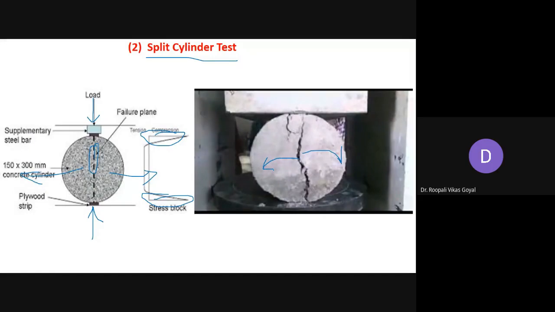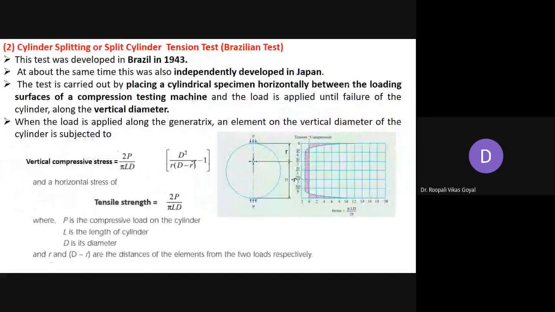Generally the normal cylinder that we use, 15 centimeter diameter by 30 centimeter height, the same cylinder we have to use for this tension test also. It is not a different one. It is the same cylinder used for the compression test. This is the cylinder splitting or split cylinder test, also called the Brazilian test. It was developed in Brazil in 1943, and simultaneously in Japan also.